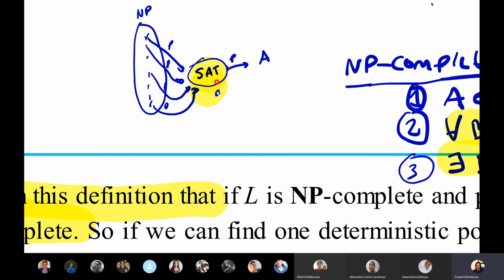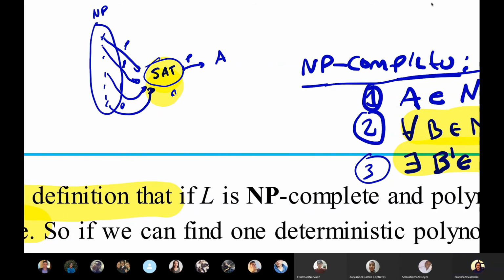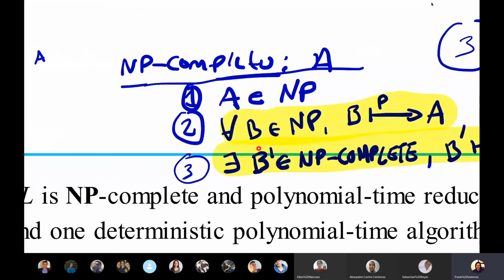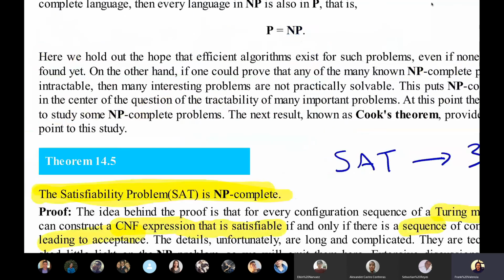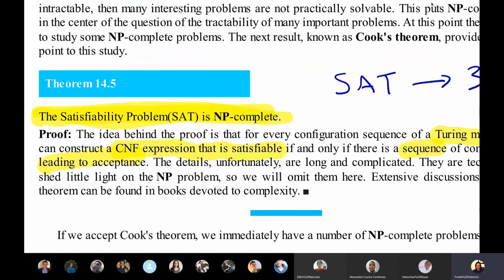SAT is proven NP complete by using a complicated reduction, which I don't have the time to do here, and I would have to introduce, I mean, this will require following a full course only in complexity theory.